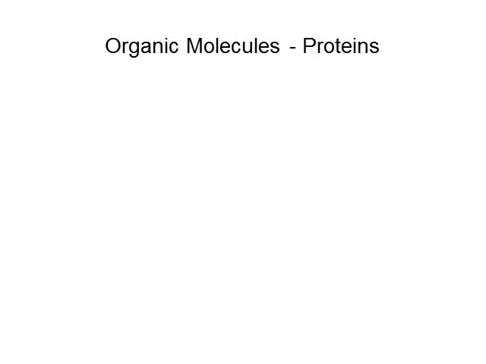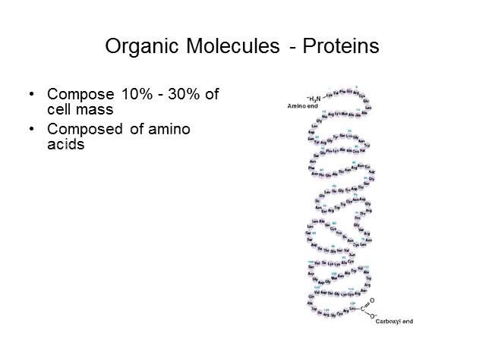Now, the last group of organic molecules we're going to look at here are the proteins. Proteins make up 10 to 30% of the cell mass, so they're pretty important. They are polymers, so they're made of repeating subunits called amino acids. In my picture right here, I've shown you a whole chain of amino acids.